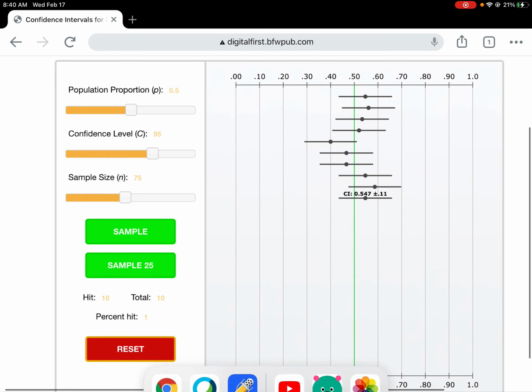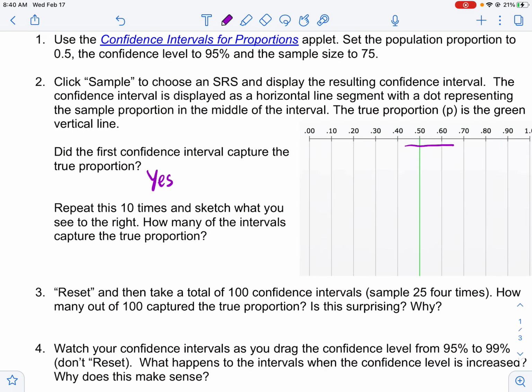Okay, so going back to the question, repeat this 10 times and sketch what you see to the right. How many of the intervals capture the true proportion? Of course, you need to make sure that you sketch your result. In here, my result might not be the same as your result. Okay, and this is a simulation, so do not be like, oh my goodness, when I click mine, your interval is lower than I have, and that is okay.